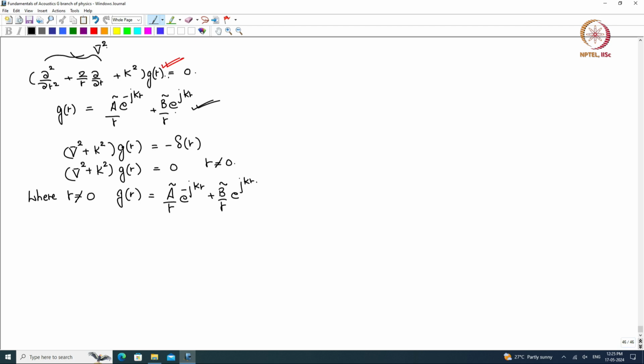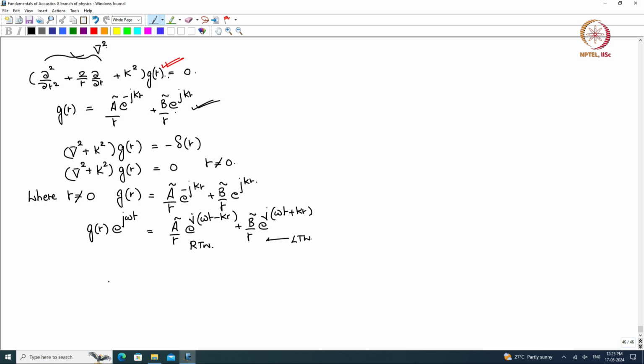Now, if I put in the harmonic dependence e to the power of jωt, that means it is A tilde over r e to the power of j(ωt minus kr) plus B tilde over r e to the power of j(ωt plus kr). So, we know this is a forward or right travelling wave, and this is a wave travelling with decreasing r, a left travelling wave.